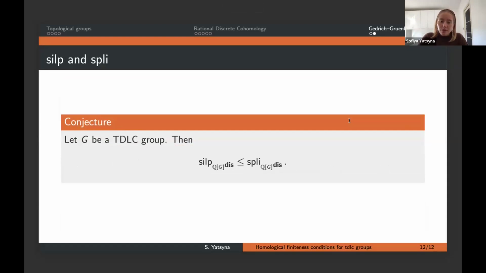The relative cohomology comes in for the final proof of the original paper. We might even want to define it over this relative discrete cohomology as opposed to rational discrete cohomology. But for now, this is what I've done.